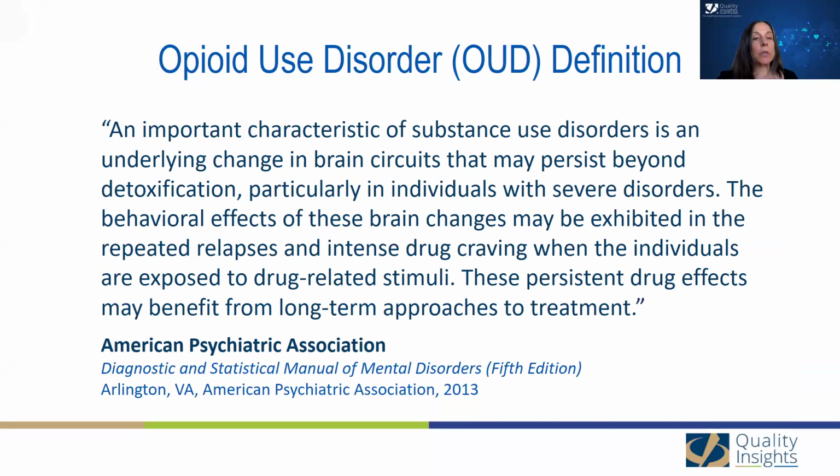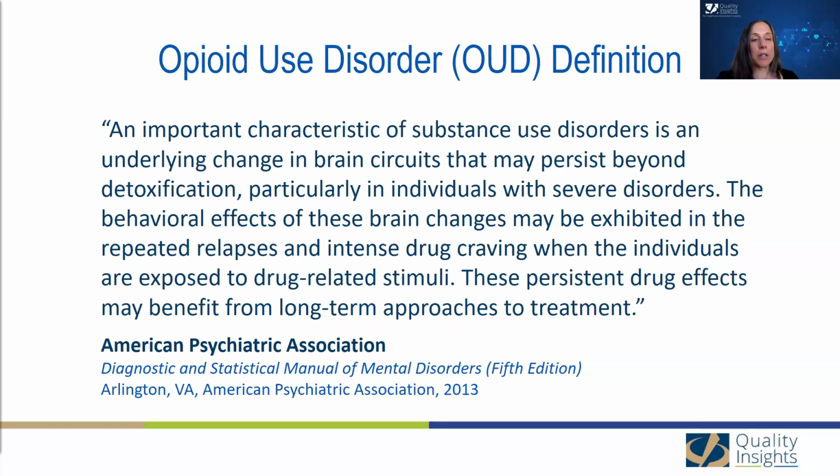Definition of opioid use disorder. This is really important to know, and I'm sure a lot of people say, I know it, I know it, I know it. But you may not be thinking about it in terms of brain circuits. So I really love this definition from the American Psychiatric Association.